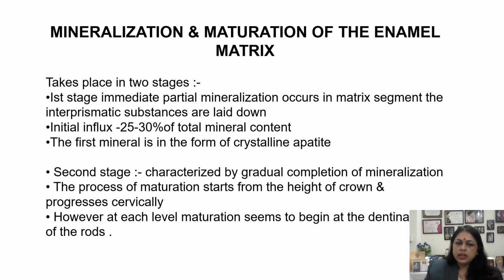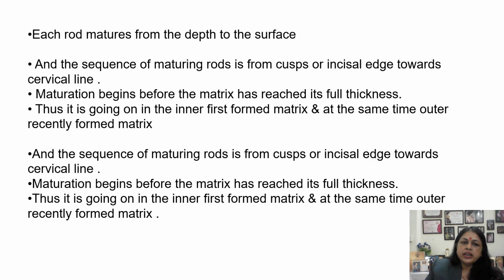And this process of mineralization starts from the height, that is from the cusp or the occlusal areas, and then proceeds cervically. However, at each level maturation seems to begin at the dentinal end, meaning they seem to end at the inside, lower portion. So simultaneously each rod matures from the depth, that is from in to the out surface.